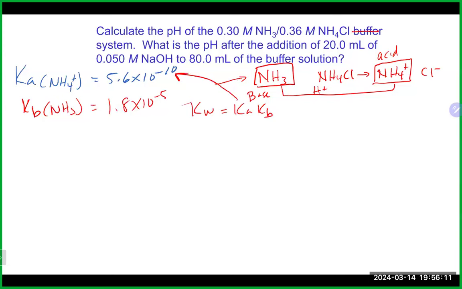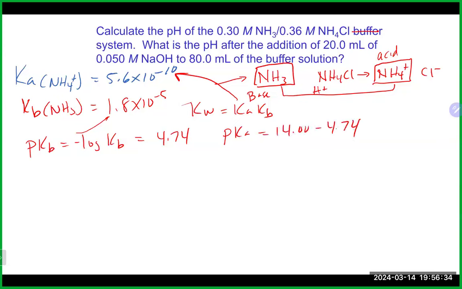The other thing we could have done, since we need a pKa value, is take the pKb, minus the log of the Kb, and that would get you like a 4.74. And then you could take the pKa equal to 14 minus 4.74 as well. So you could go with that approach as well.